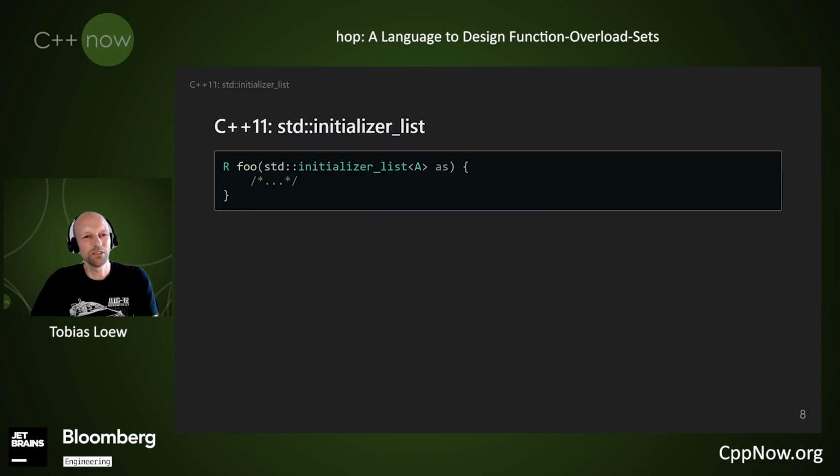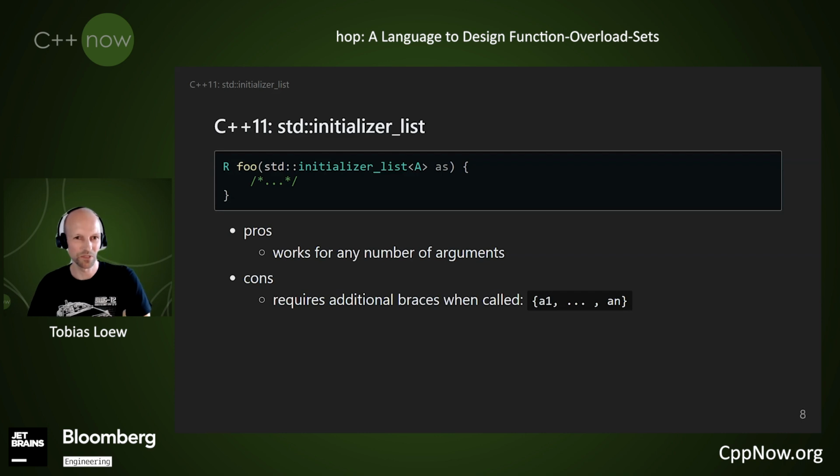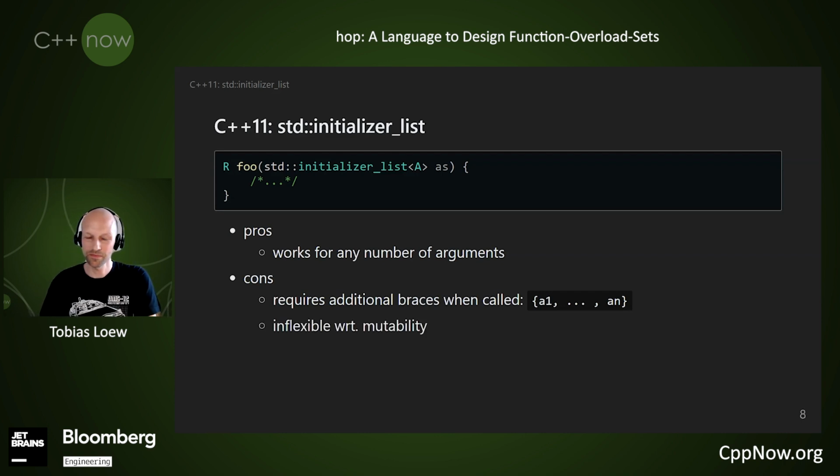So going on to C++11, we got std::initializer_list. So we could write an overload just taking an initializer list. The pros: it works for any number of arguments, but it has some cons. When calling the function, we require additional braces for the initializer list syntax.